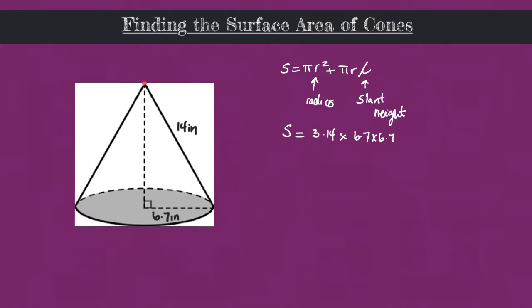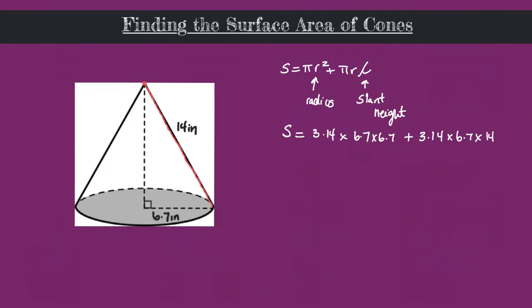That's the first part of our formula. And then you have pi r, so that's 3.14 times our radius, which is 6.7, times L, our slant height, which is this height here, 14.